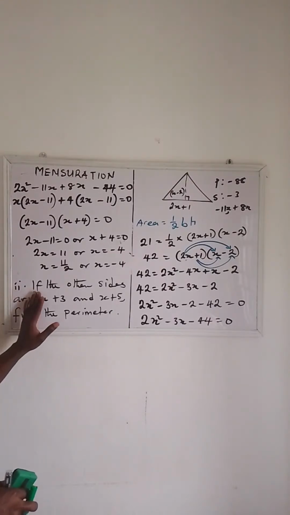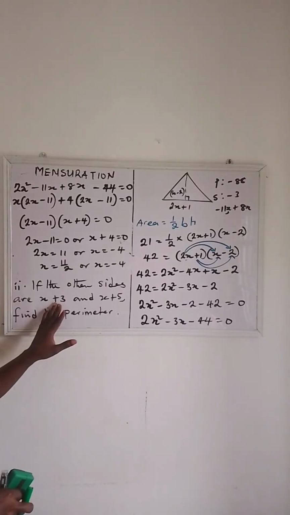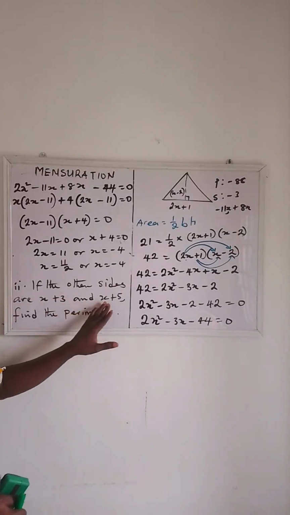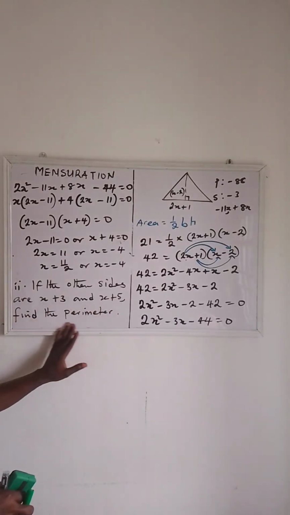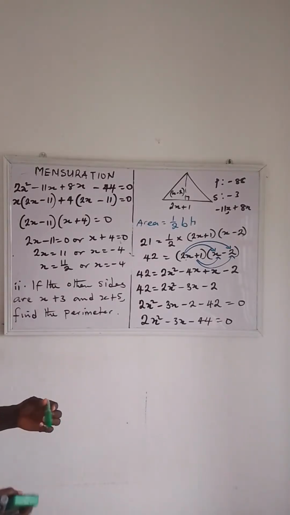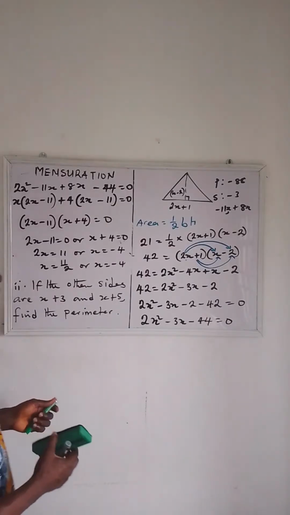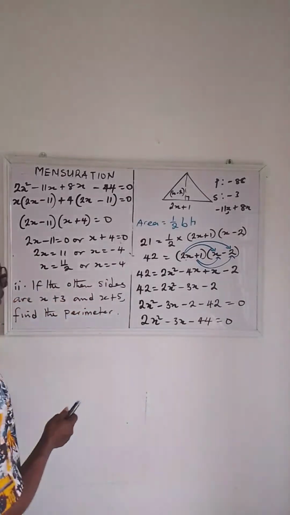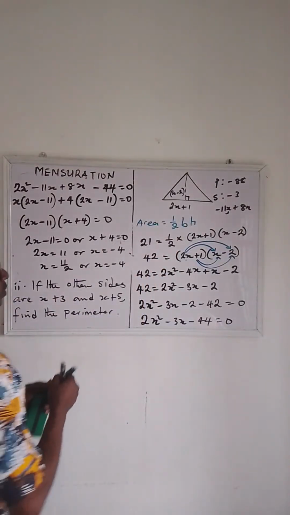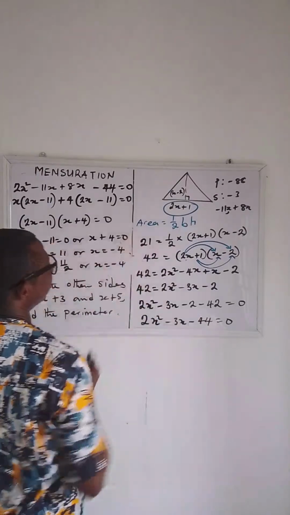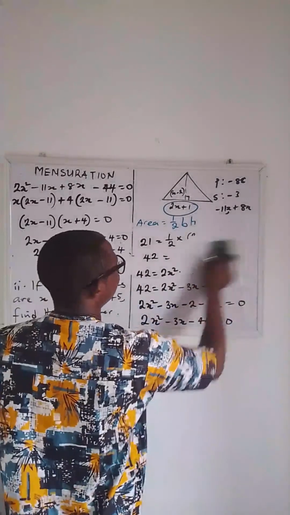Now the question says, if the other sides are x plus 3 and x plus 5, you have to find the perimeter. Whenever you want to find the perimeter, you add the 3 sides together, just like what we did earlier. Don't forget, what is the base? The third side has been given. So I can go ahead now and find the perimeter.